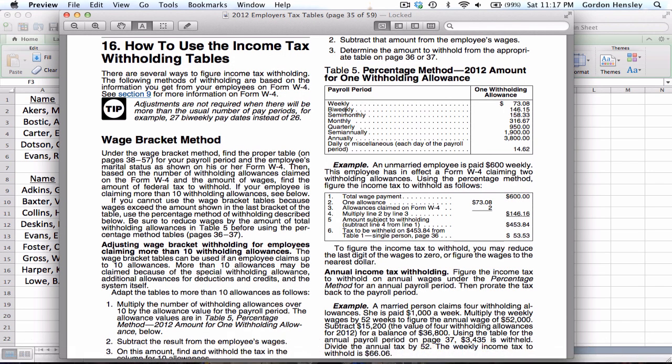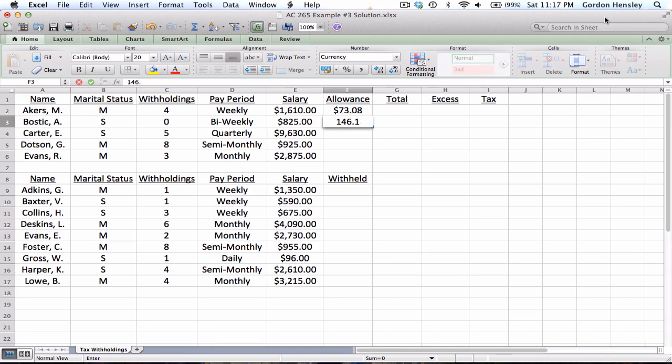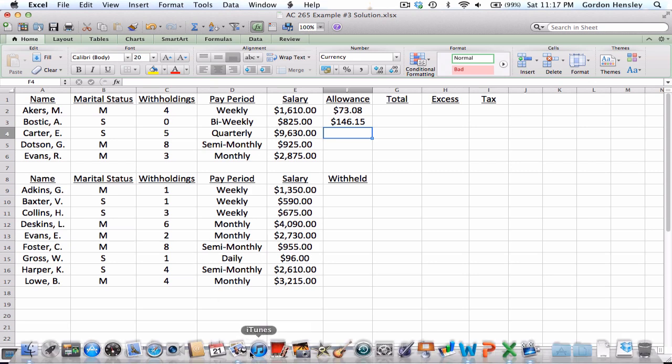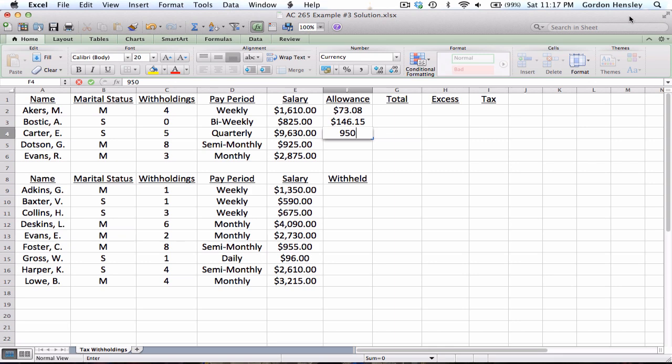So again, bi-weekly, that's the second line, one withholding allowance, $146.15. So I'll plug that in. The next employee is paid quarterly. So quarterly allowance, it's all the way down here, quarterly. I follow that straight across. The amount is $950. So I'm going to plug in $950 for one withholding allowance.